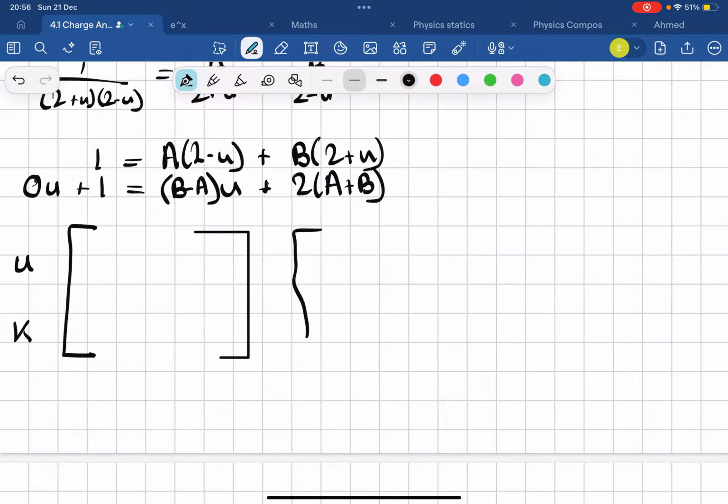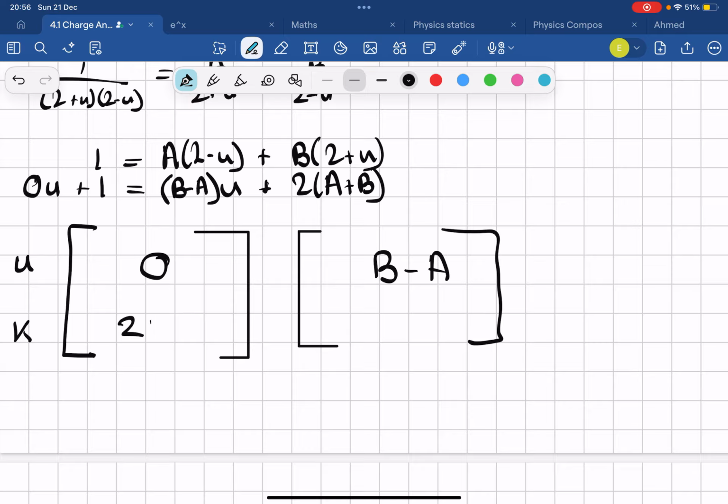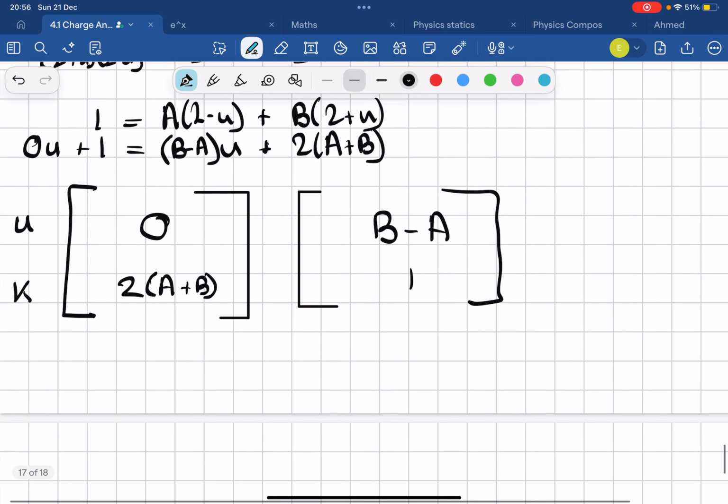So we can say 0 equals b minus a. Now for the constant we have 2a plus 2b equals 1.